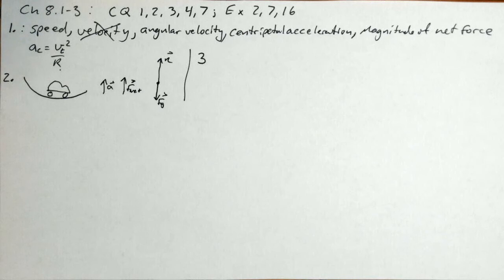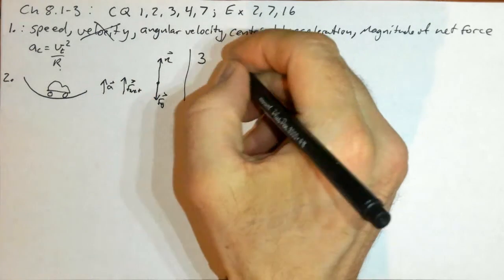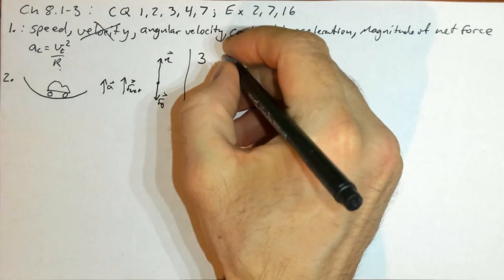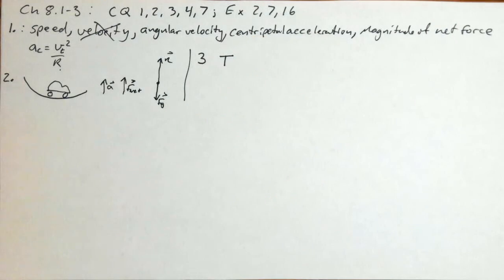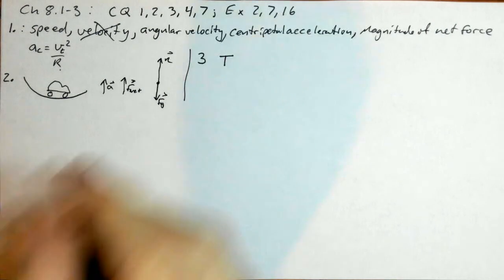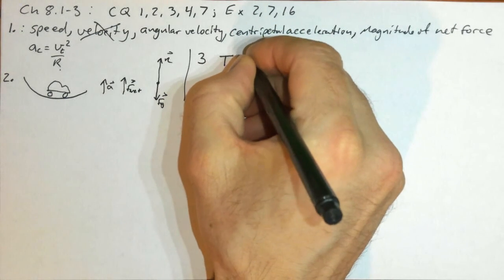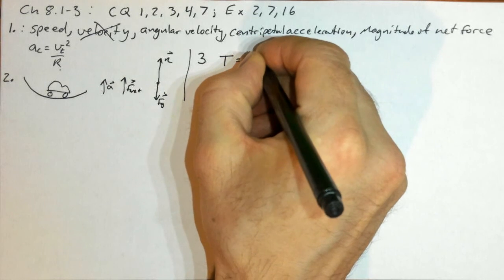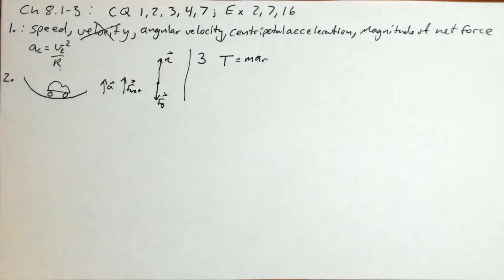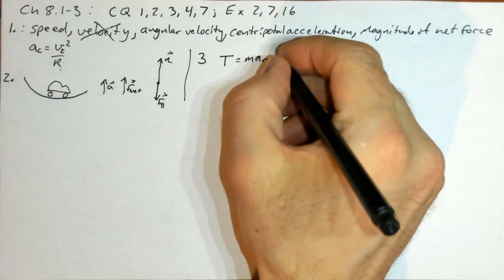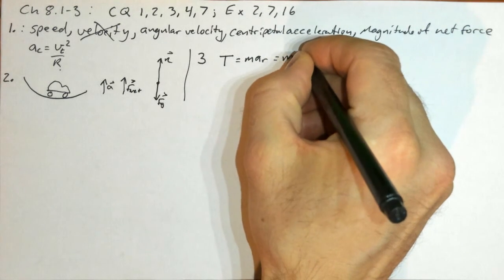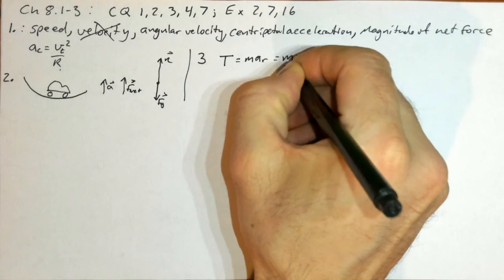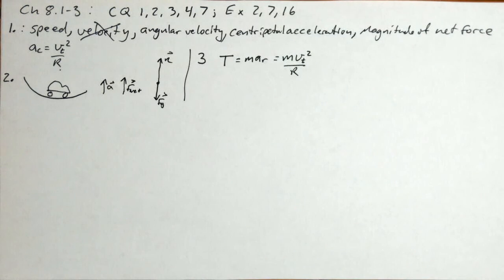It's the relationship between tension and radius, velocity, and mass. Well, that comes through Newton's second law. The tension is the only force acting on it, and it's pulling towards the center in the same direction as the radial acceleration, or centripetal acceleration, but we know that acceleration has a special value: the tangential velocity squared over the radius.